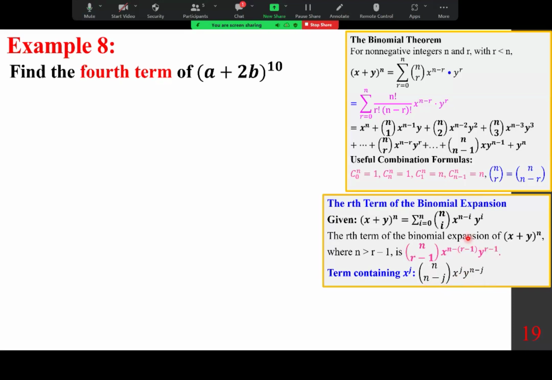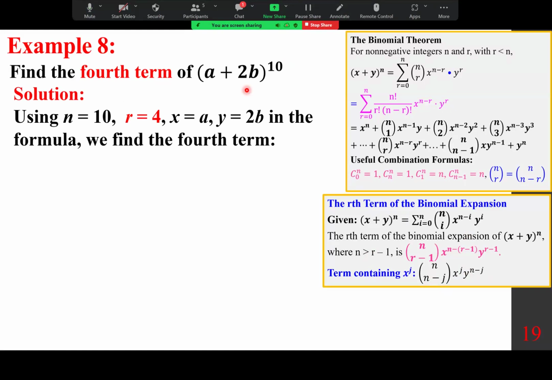If we stick with that, first of all, n is 10. We want the fourth term, so r is 4. And of course, x is a, y is 2b. So this part is obvious. n is obvious. We want the fourth term, and we want to stick with this formula.